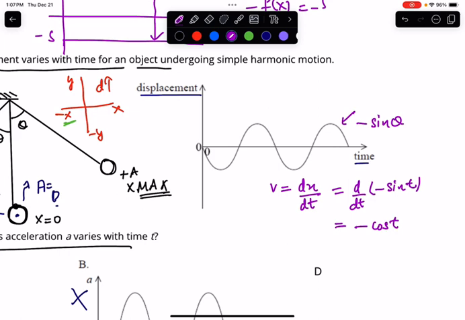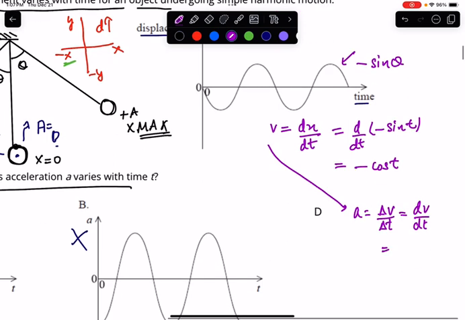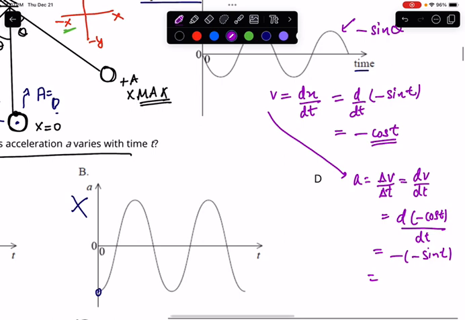Okay. And then the acceleration, as we know, is just change in velocity by change in time. That's the formula of acceleration. So you can apply derivatives to make it dv by dt. And we know that the velocity function with respect to time is negative cosine of t. And then you divide it by dt. And so this becomes negative times negative sine of t, which you will learn, and this is sine of t.